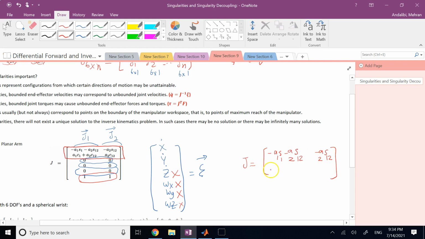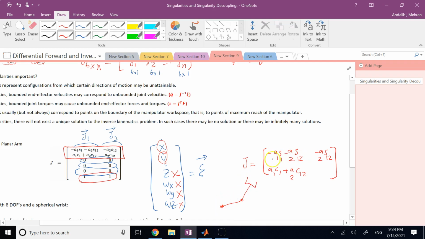Now, the question is this. Can I claim that I can achieve any x dot and any y dot I desire if my manipulator is at any arbitrary angle combination?